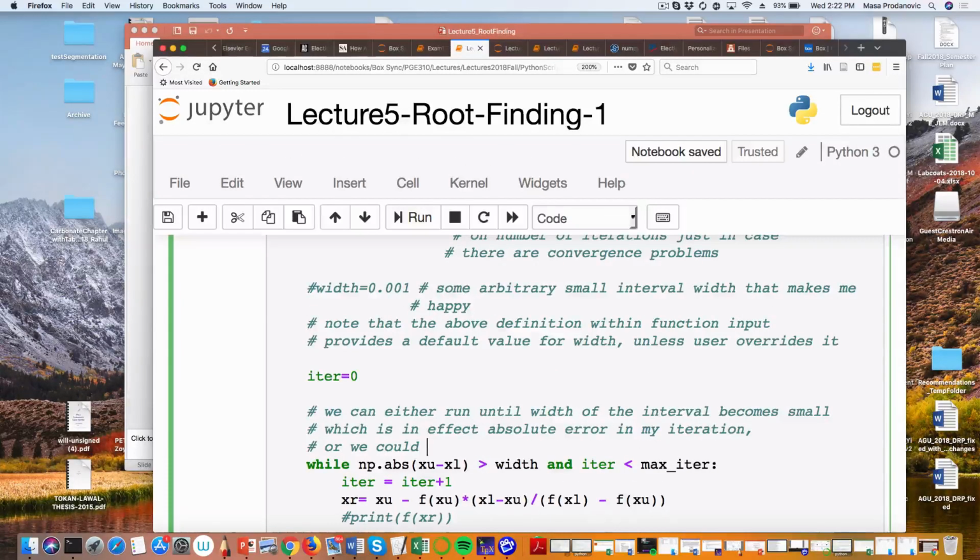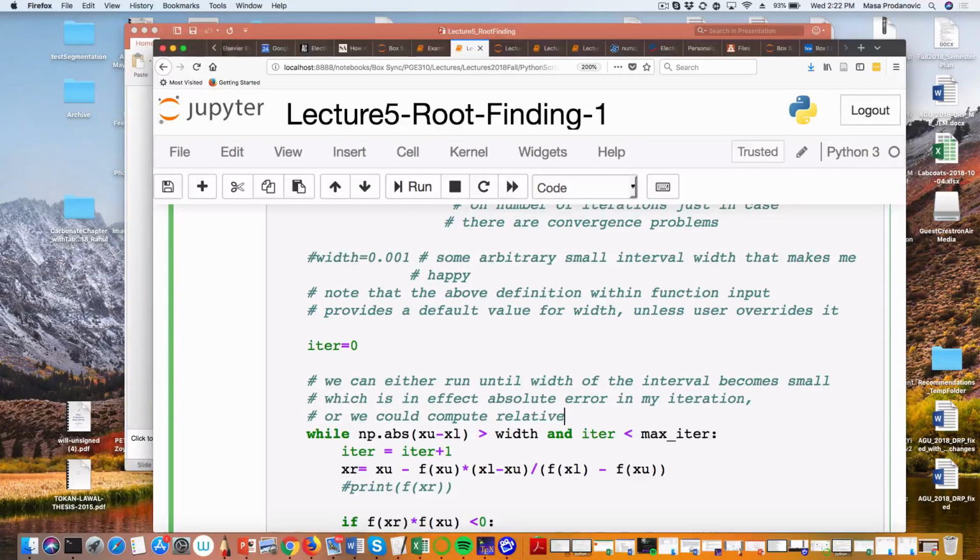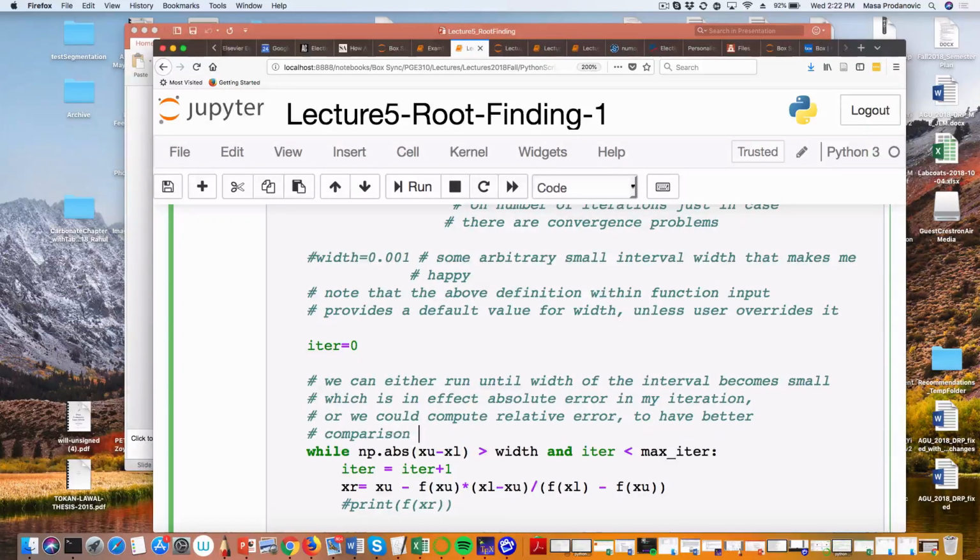Or we could compute relative error, which is better for comparison between different functions. Okay, so it is relative to the value of the root. And I'm thinking more like, oh, is it 10% or 0.1% of the actual root? To have better comparisons between different functions. So we will implement that in the further examples. There is no need here.